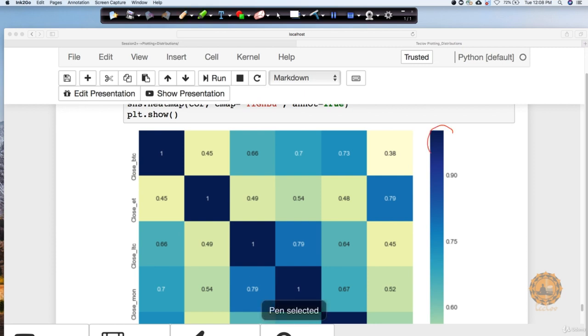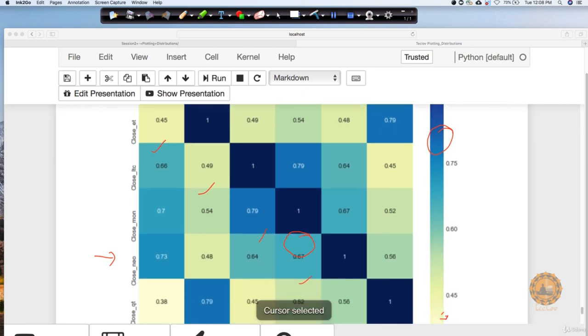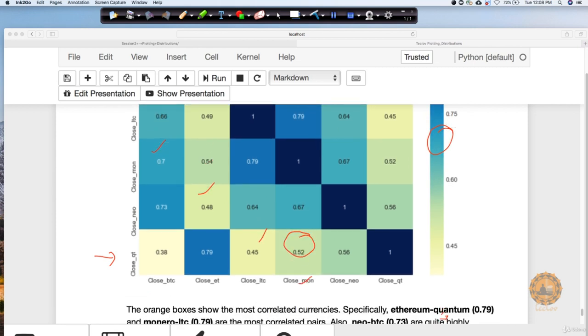And if it is yellowish, that means it has a low correlation. So you can see that 1 is very high, so it's easier for us to visualize. So how we read this data, let's say we can see 0.79, that means close_ITC, and the second part what you have, let's go and check that, what is this, close_mon, right?